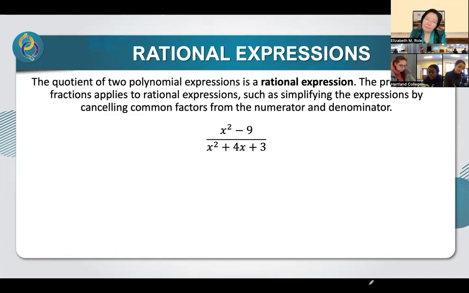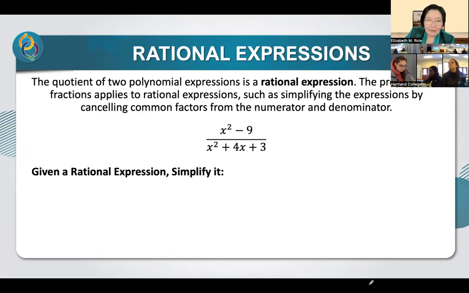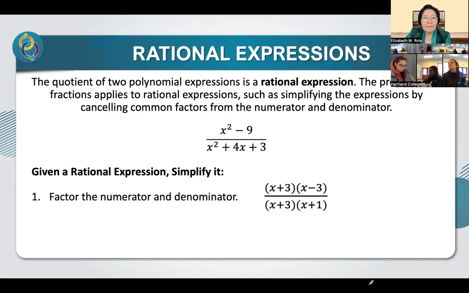If you want to simplify, we need to use factoring so that we can cancel the common factors from the numerator and denominator. So to simplify rational expressions, just do factoring.